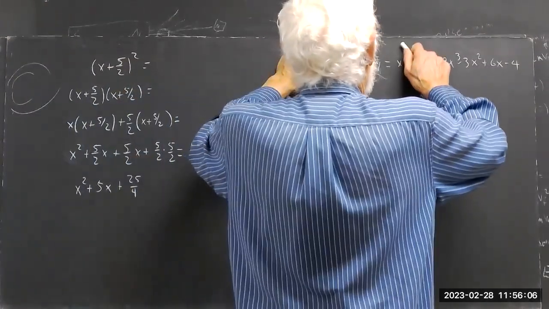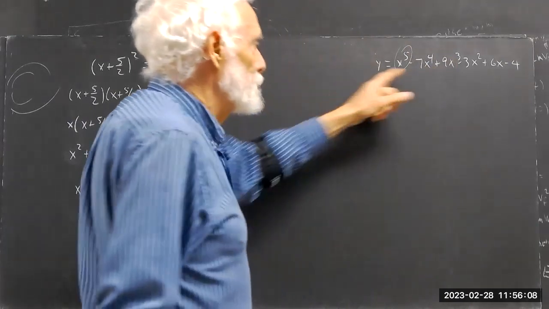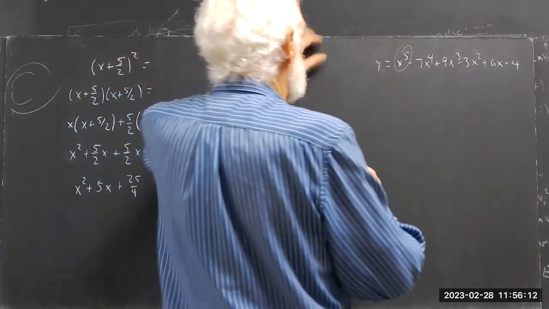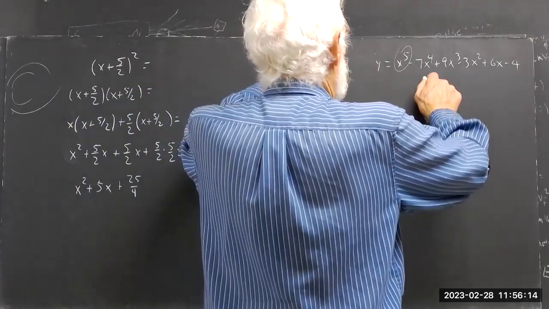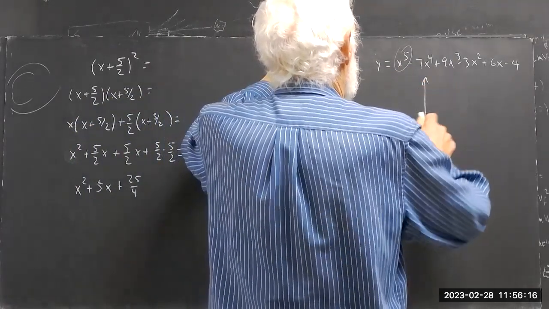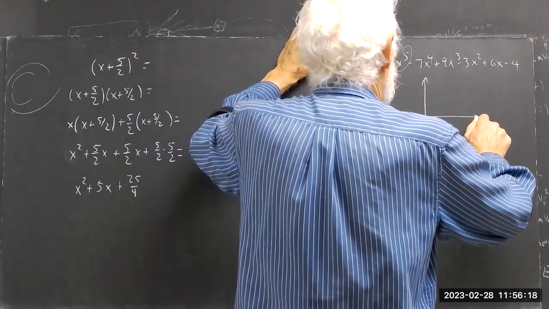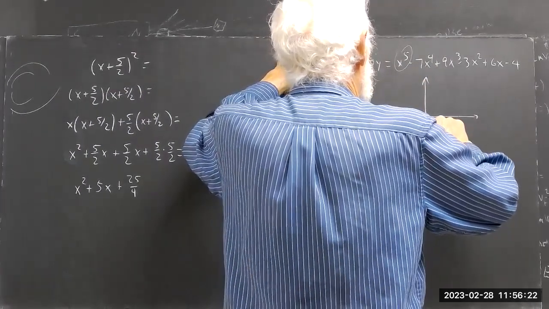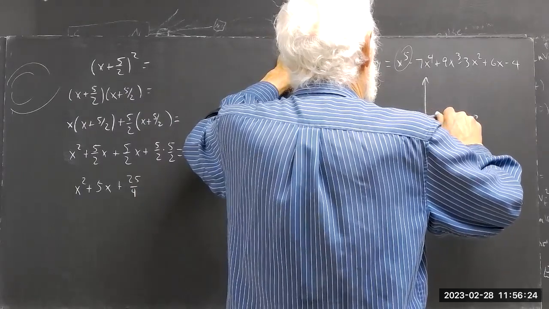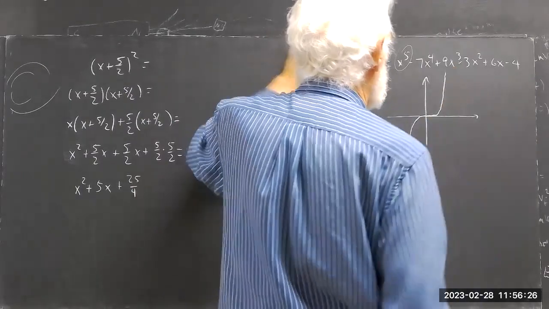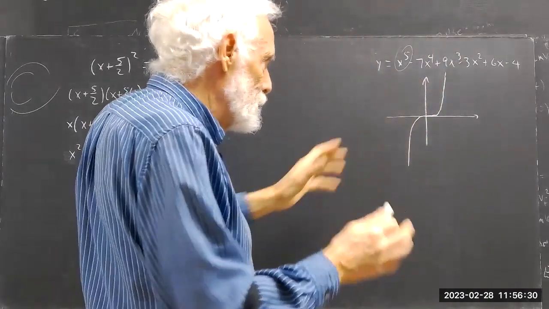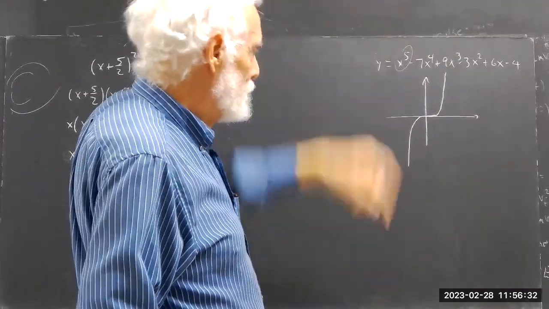Because we know that x to the fifth is dominant, that means it's going to look like x to the fifth, which is a lot like x cubed, but it almost flattens out here after the next cube.